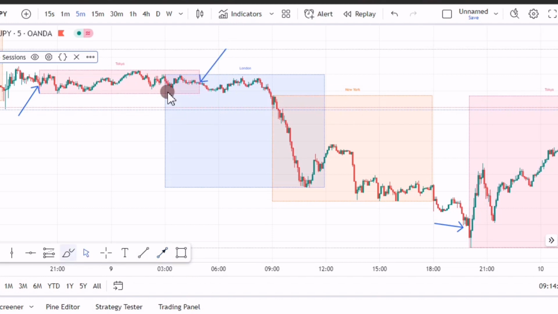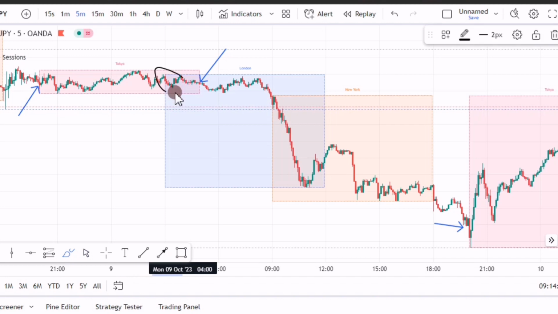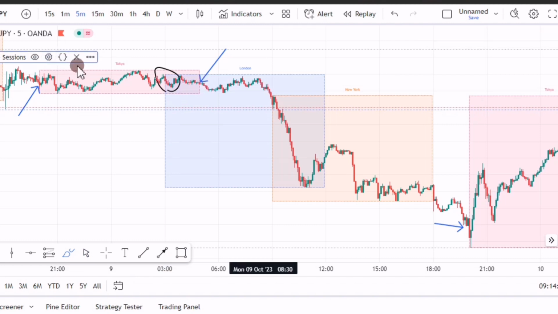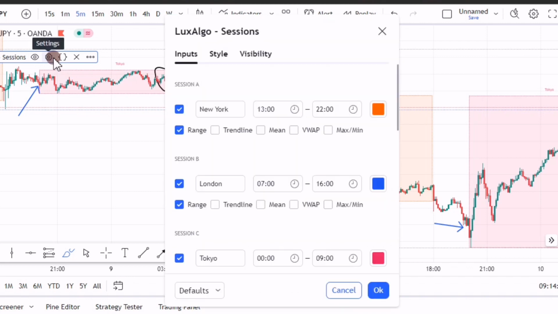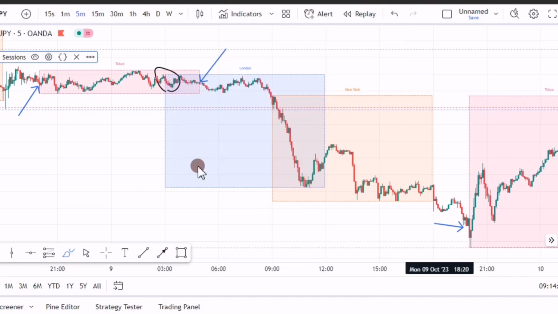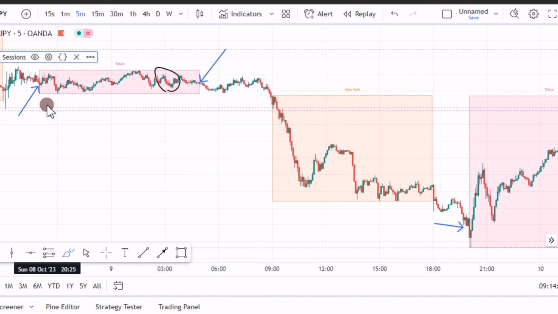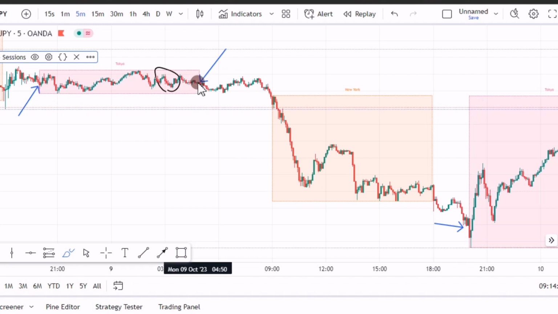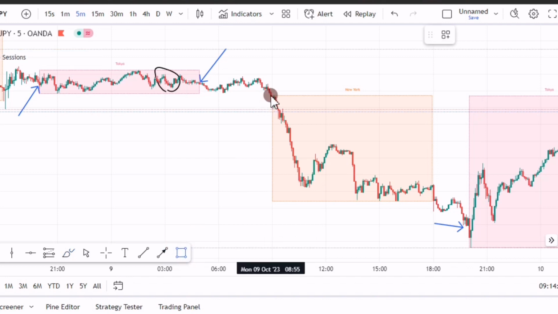This time around, don't focus on the beginning of the London session. In fact, let's just remove the London session on the settings of the indicator. Let's uncheck London for this pair USDJPY. So you're supposed to look for an entry at the beginning of Tokyo, at the end of Tokyo, and at the beginning of the New York session.